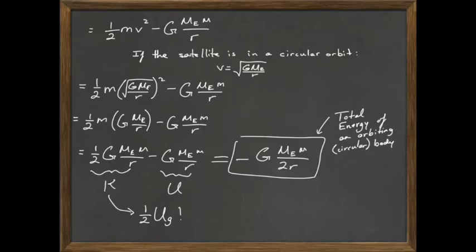So if I want an object to go into orbit around a planet, it must have a kinetic energy equal to half of the potential energy at that distance in orbit.